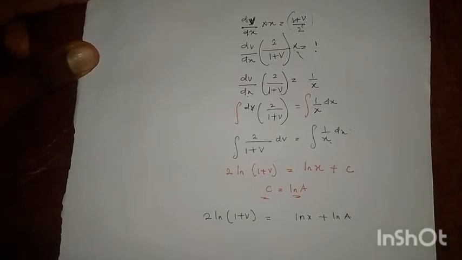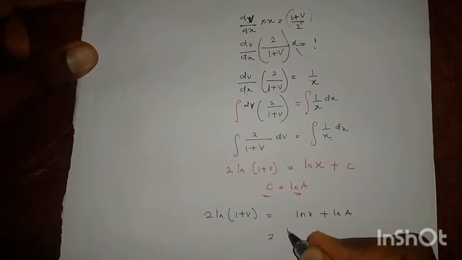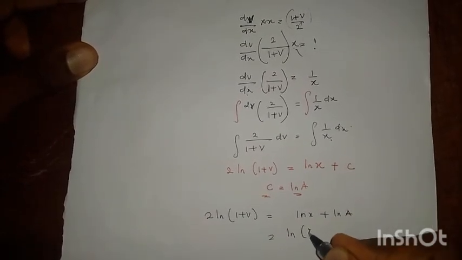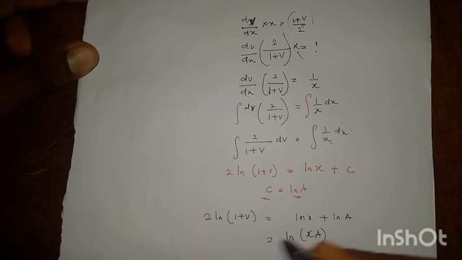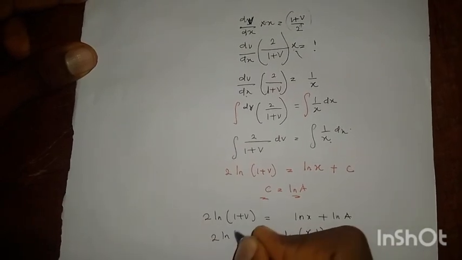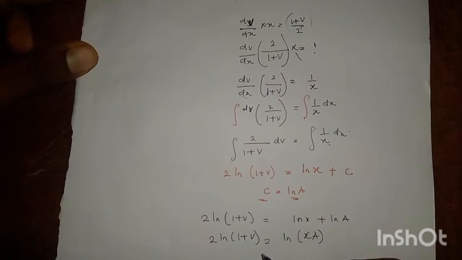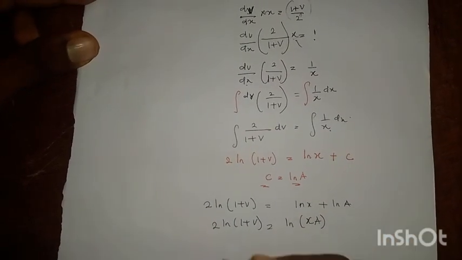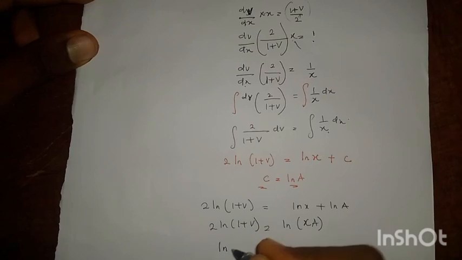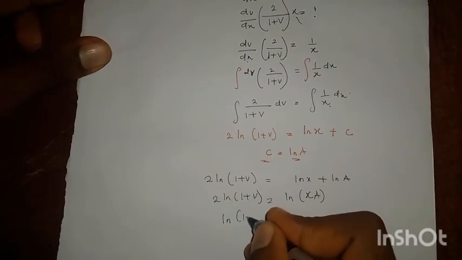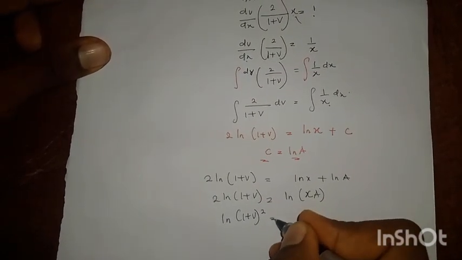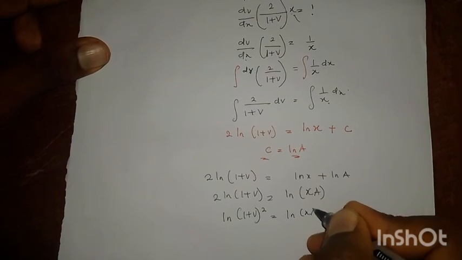Applying my law of logarithm, I have ln(xa). Rewriting the left side, applying the law of logarithm, this can be expressed as ln of (1 plus v) raised to power 2 equals ln(xa).